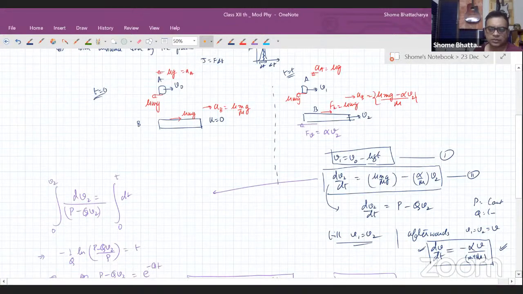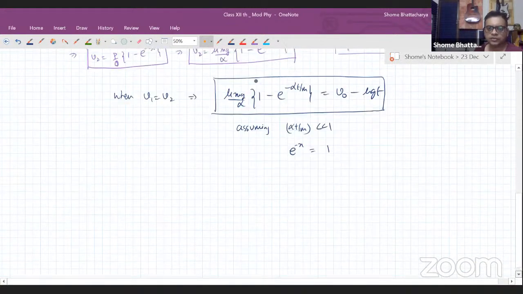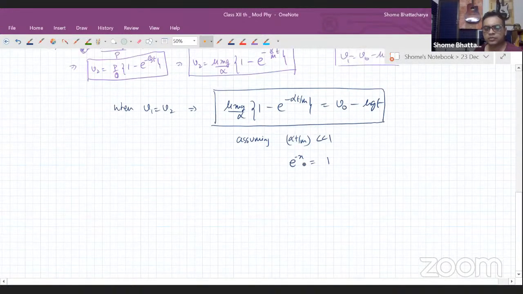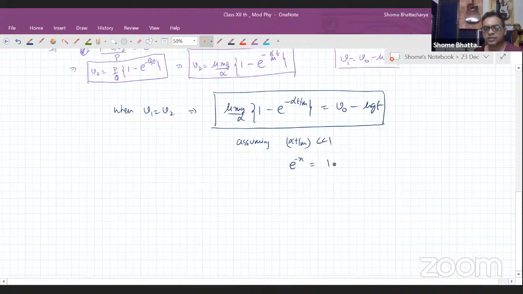Yeah, so coming back to this, you can probably do a solution if we assume that this time is such that alpha t by m is small compared to 1. Then you can do that Maclaurin series solution of this. This kind of series, right? e raised to the power x. Sorry, there are the odd terms also, no?